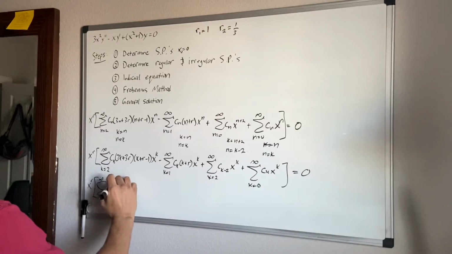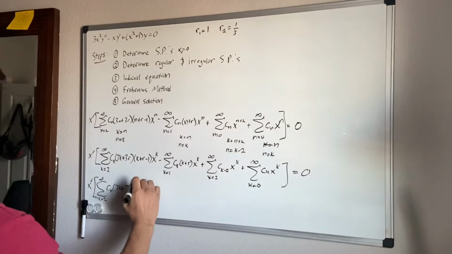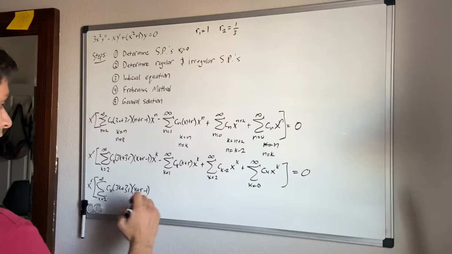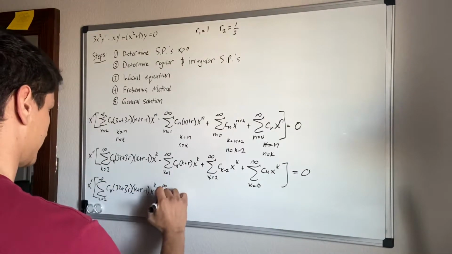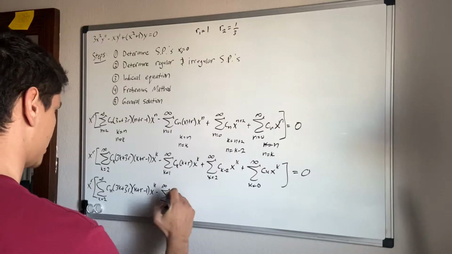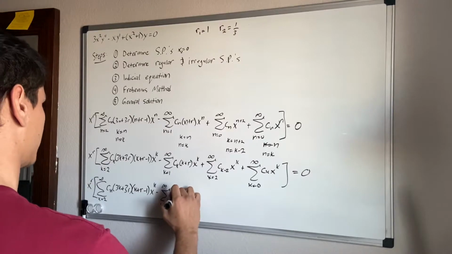C sub k, 3k plus 3r, k plus r minus 1, x to the k, minus infinite sum. I'm going to change this to 2 right now, but we're going to come back to it and we're going to collect the term from it.